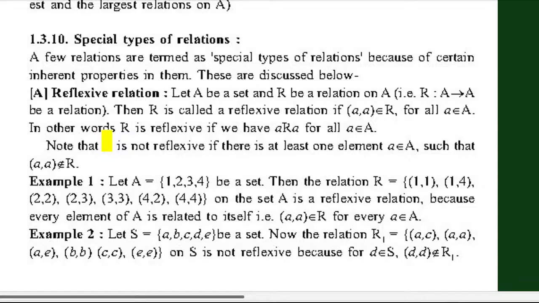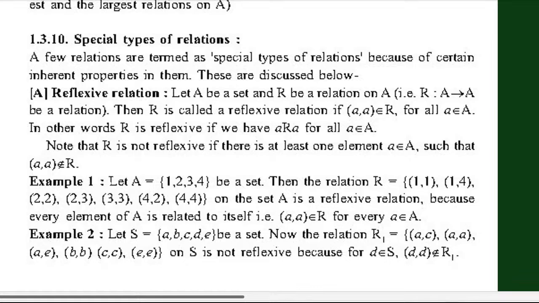In other words, R is reflexive if we have a R a for all a belongs to A. That means whatever elements we have in the set A should be related to themselves.